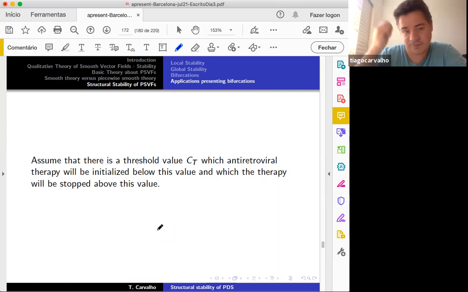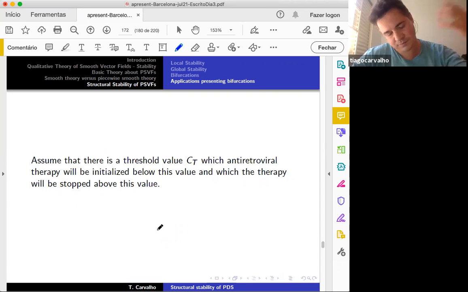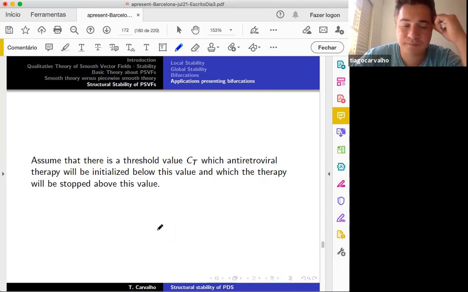The drugs are good enough to allow some periods without treatment. This is good in order to provide a better life to people, okay?